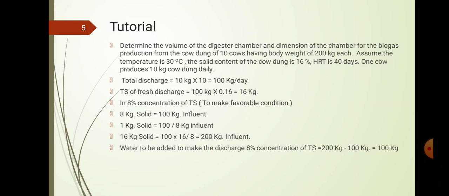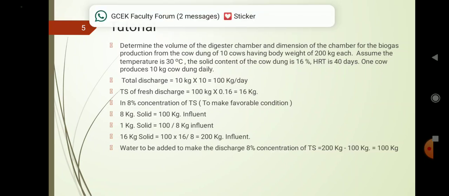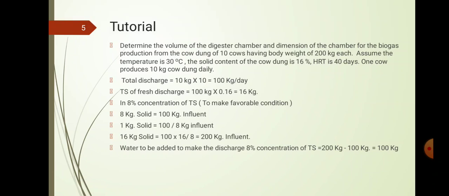So we have to add 100 kilogram. Already 100 kilogram is the discharge produced by the cows, and in that we have to add 100 kilogram. So our total discharge is 200, not 100. That we have to take care of. The cows produced 10 kilogram of cow dung each, so the total discharge based on that is 100, but only 16% of it is solid content.